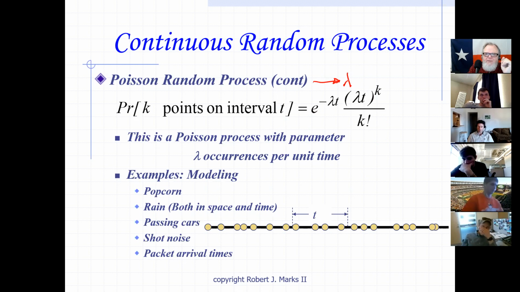And here's the point. If you have something with a process of lambda and you want to find out the probability of k occurrences on some interval t, the probability of k points on t is equal to, and this is really cool, (lambda t) to the k over k factorial.